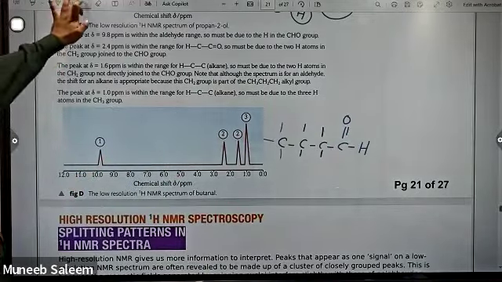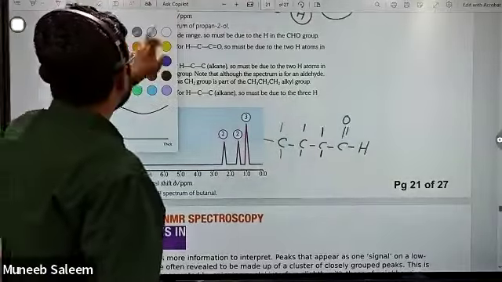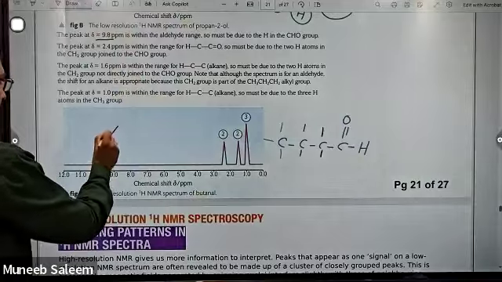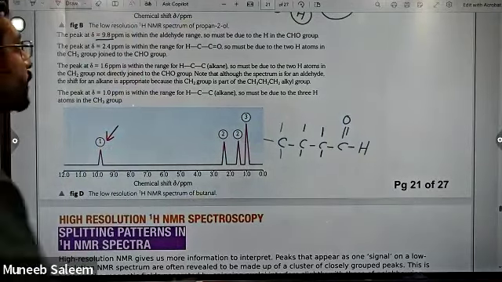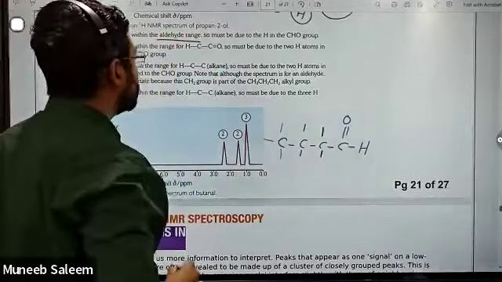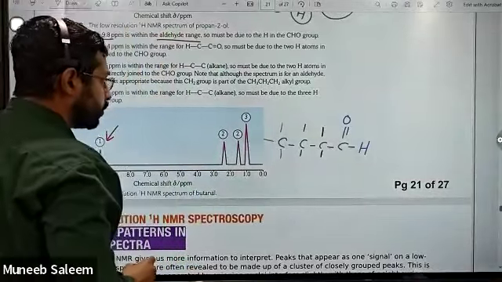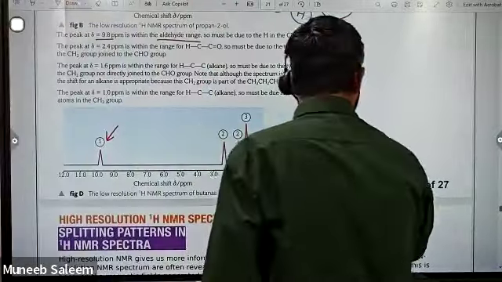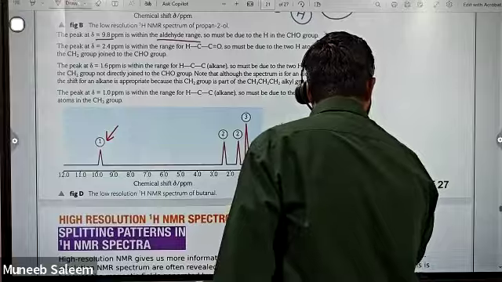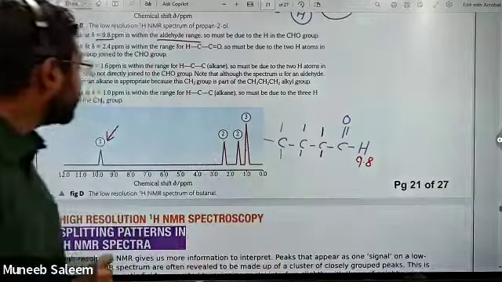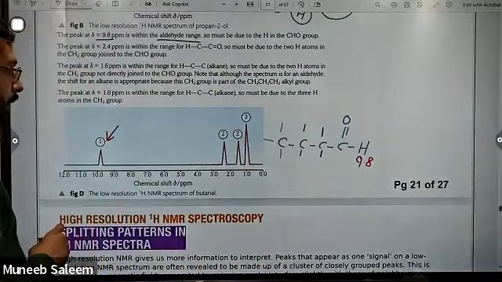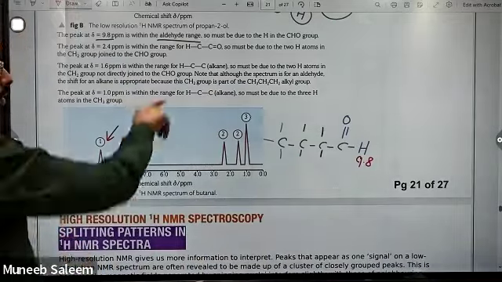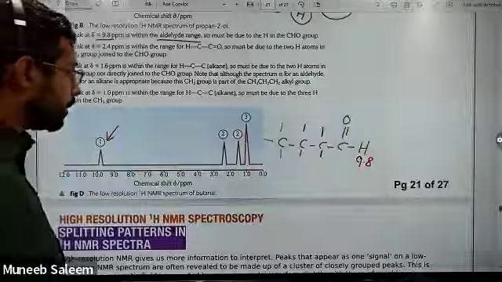So it says that the peak at 9.8 ppm, which belongs to this one, is within the aldehyde range, so must be due to the H in the CHO. So this 9.8 is basically for this hydrogen. The other at 2.4 ppm is within the range for the hydrogen bonded with the carbon next to the carbonyl group.